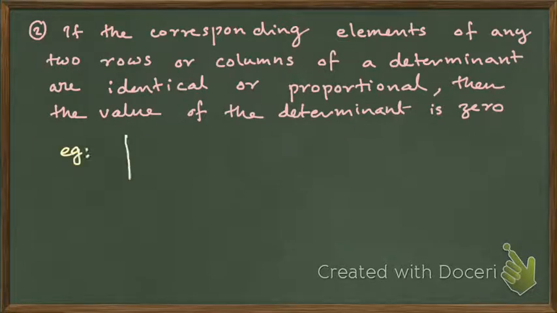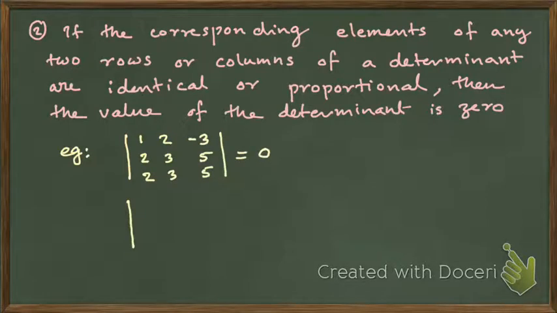As an example, here I have a determinant in which the second row is 2, 3, 5 and the third row is 2, 3, 5. The corresponding elements of those two rows are exactly the same, so the determinant value is going to be 0. Another example: here the first row is 5, 3, 4 and the second row is a multiple of it, 2 times, which is 10, 6, 8.